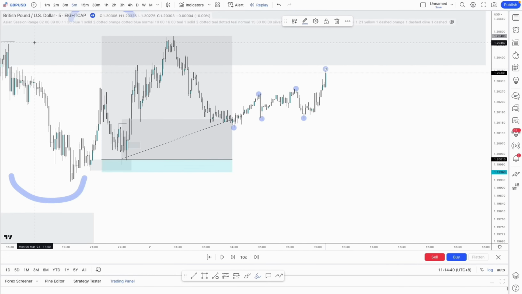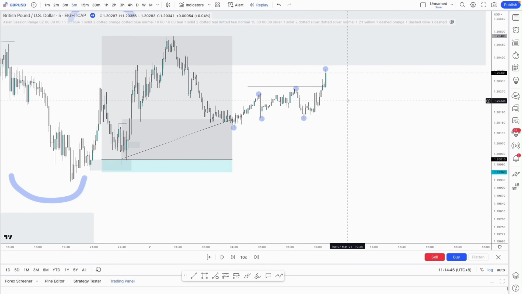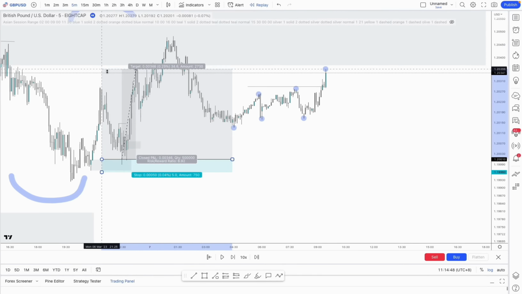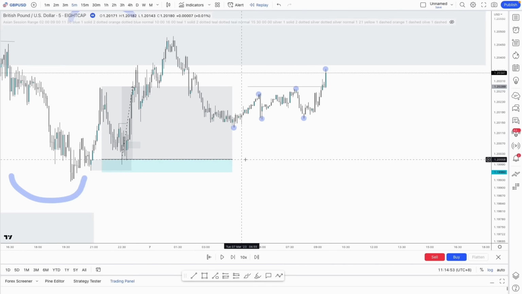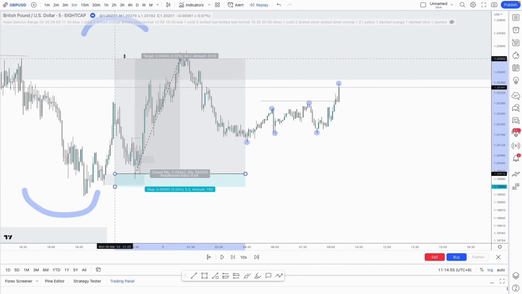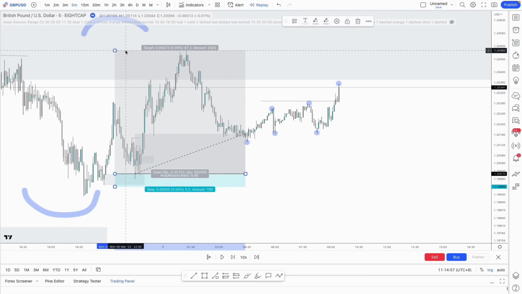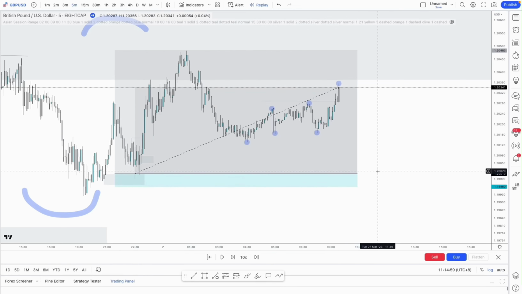And then at this point, I took 5R. When we had broken this high, I took the partials off that I would have taken off before, at 5.5R, just to secure and lock in some profits, and then left the rest to run for the full 9.5R.